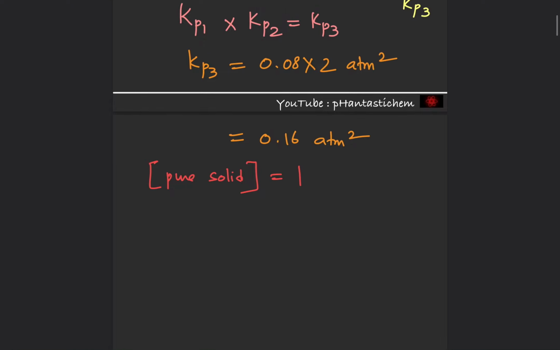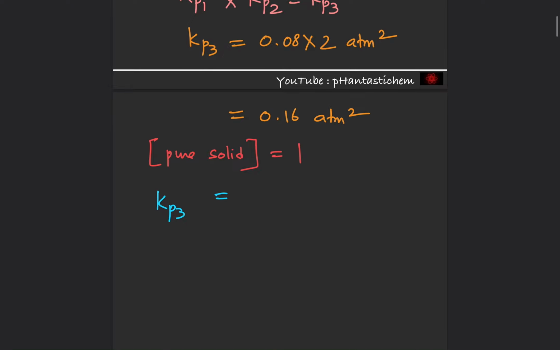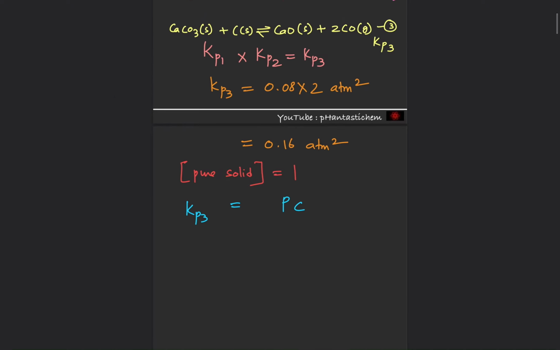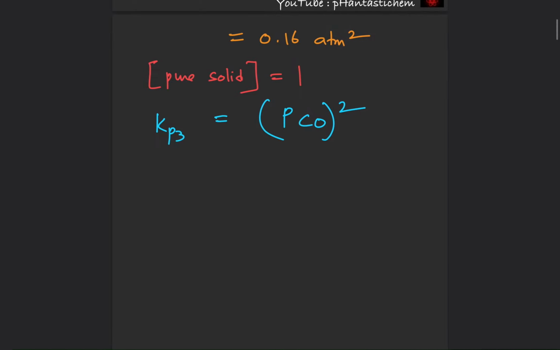So therefore if I want to write Kp3 for reaction 3, then it will be equal to partial pressure of CO whole square, as the molar coefficient is 2. And the other terms, for example, the partial pressure of CaO, CaCO3, and carbon solid, everything will be 1. We are supposed to take it as 1. So therefore Kp3 is equal to partial pressure of carbon monoxide whole square.